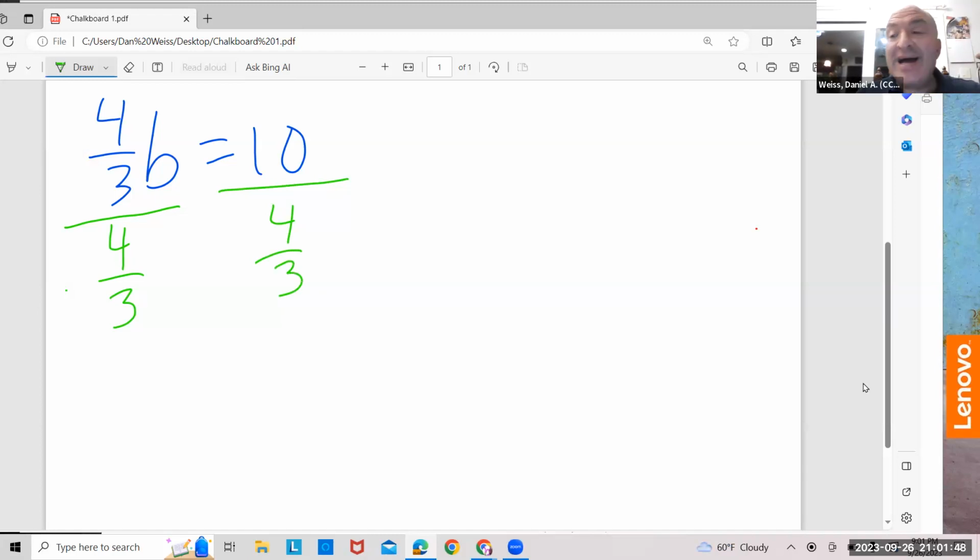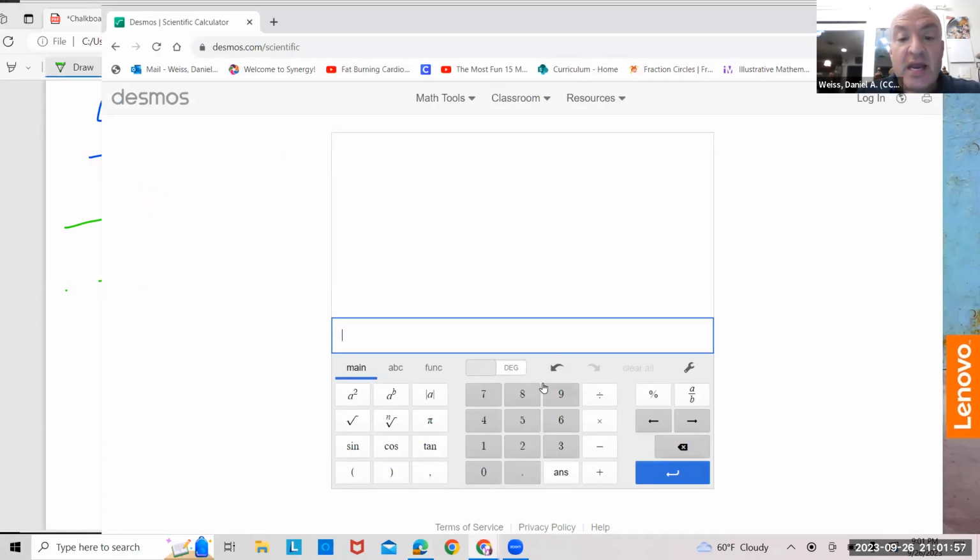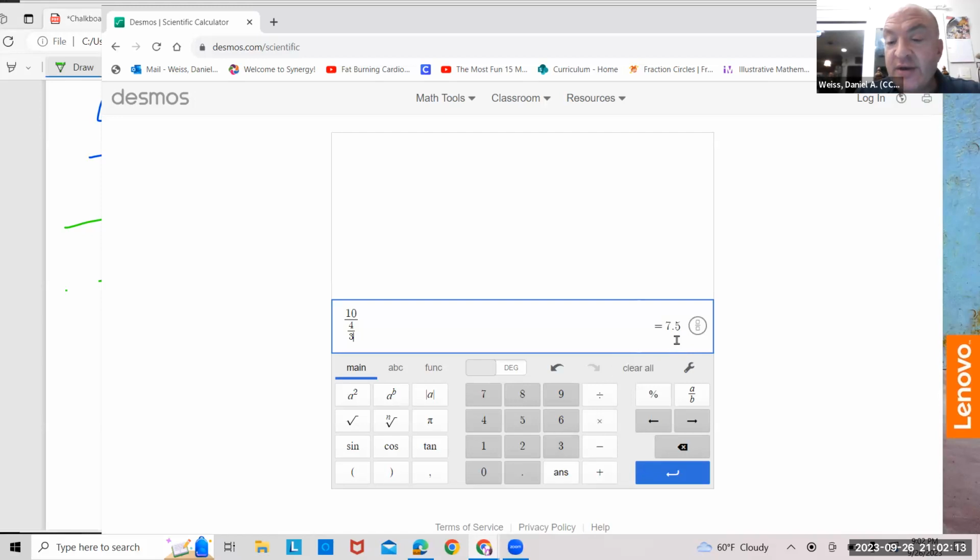We're going to do that on Desmos.com. Go to Desmos.com, and I'm going to clear all. And I'm going to do 10, and I'm going to hit divided by, then hit this A over B key, and type 4 on top, 3 on the bottom. It tells you 7.5.